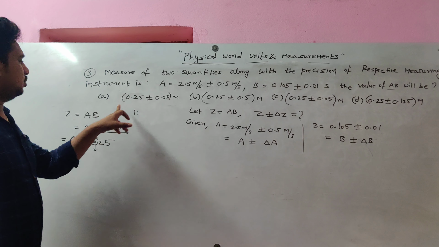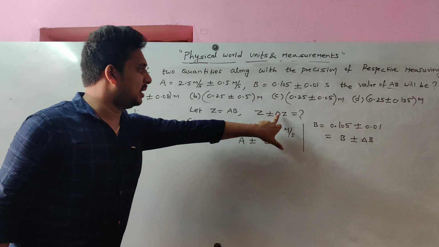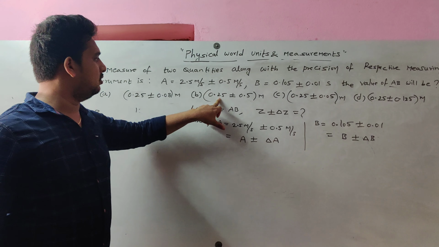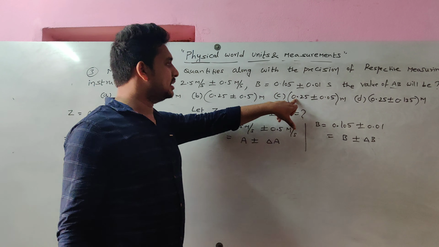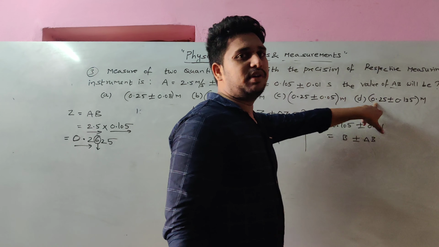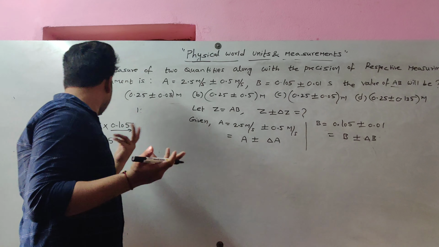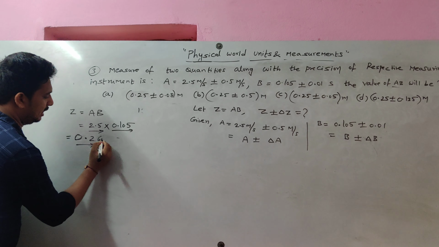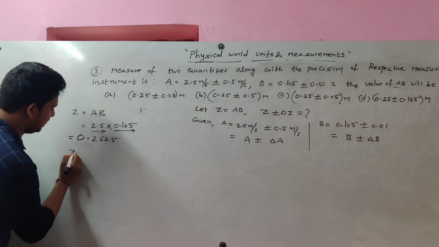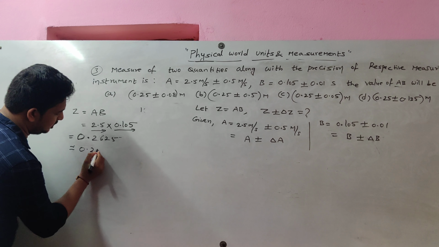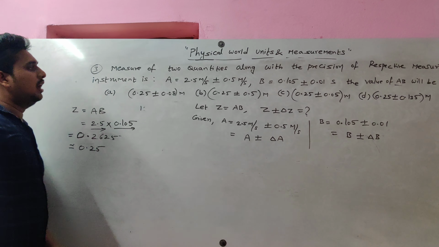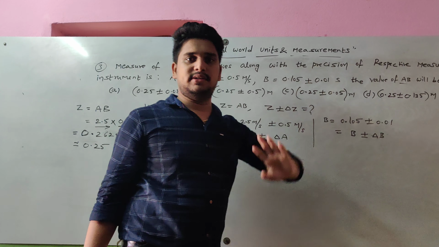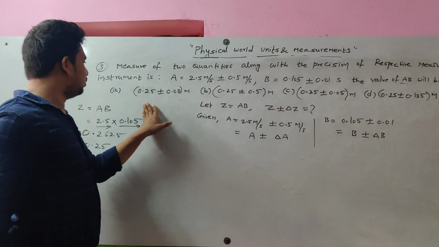Z is equal to AB here. Z plus or minus delta Z value we need to find. Already observe, the Z value is 0.25 in the options. Finally we got 0.2625, so we consider approximately 0.25. Because they have given 0.25 in all the cases, we need not find the Z value separately.